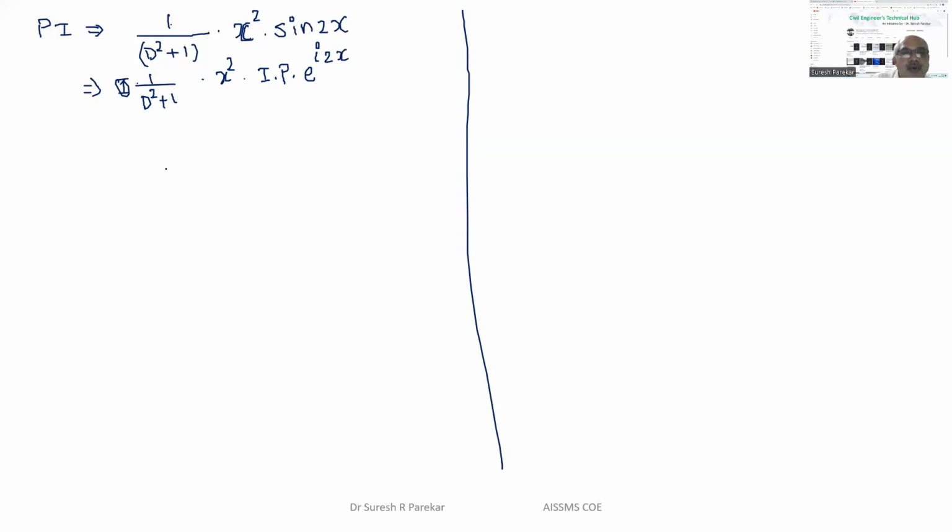Now we know the rule: for e to the power ax into x to the power m, in that case if we have 1 upon D square plus 1, then we can have e raised to ax into 1 upon (D plus a) whole square plus 1 into x square. The same rule we will apply here.